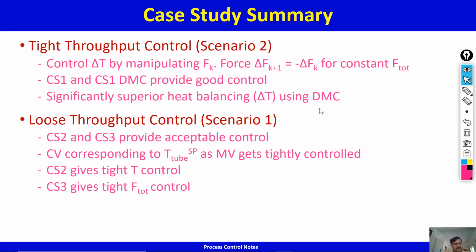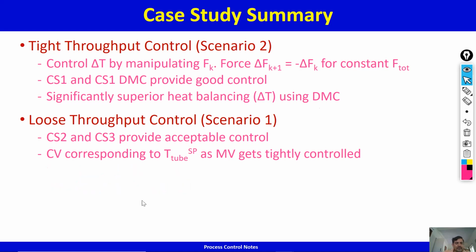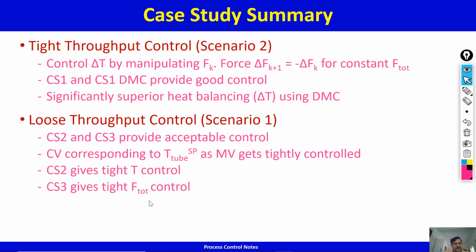So what that results in is that CS2 gives tight furnace outlet temperature control, whereas CS3 gives tight F dot control. But if you want tight F dot control, you will use CS1. So if F dot can be loosely controlled, then we would recommend CS2. If F dot is to be tightly controlled, we will recommend CS1 decentralized.